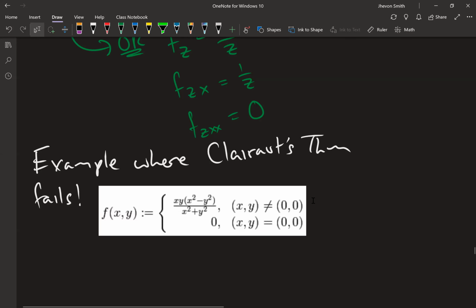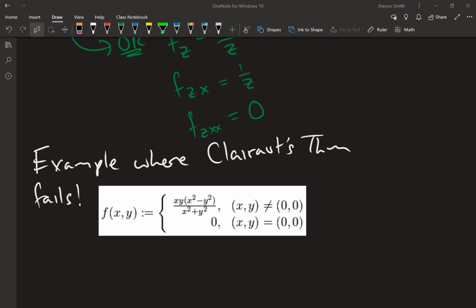The second order partials close to 0 will not be the same if you look at that. So you guys can actually try to work that out.